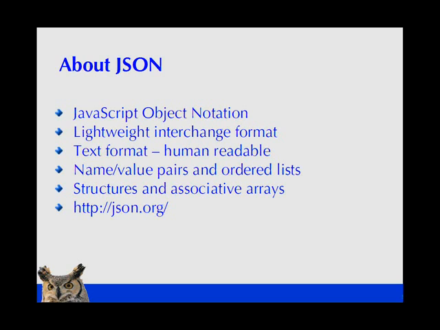And this is a really nice advantage because you can go into the JSON files and see quickly what you're storing, what your keys are for your associative arrays, what the values are, and so on. As the slide says, you can have name-value pairs, so it can be like an associative array, or you can just define a set of ordered lists. That's more like a traditional JavaScript array.